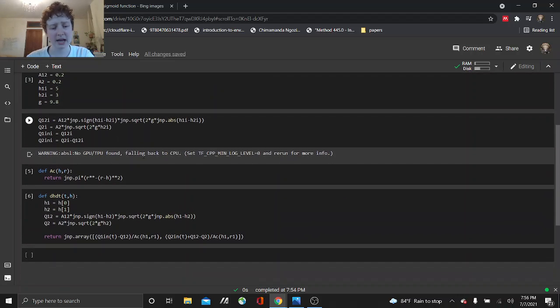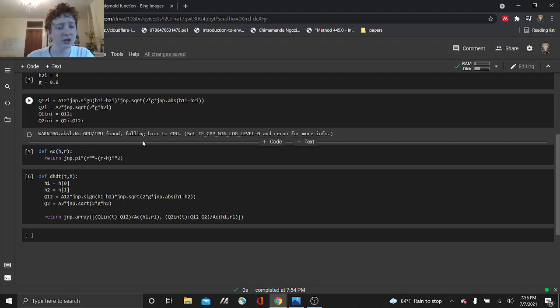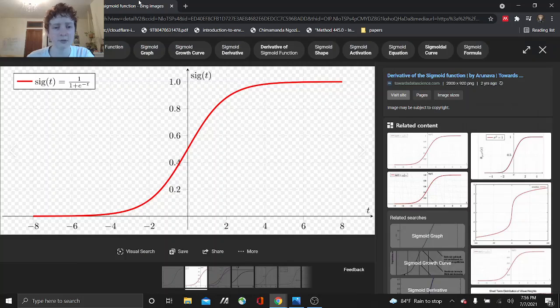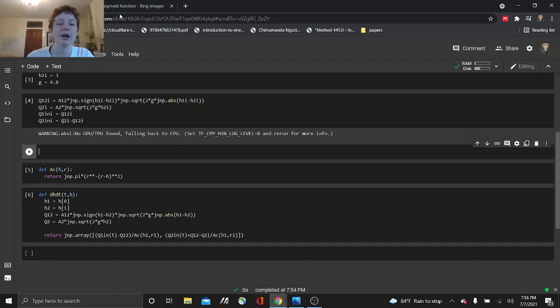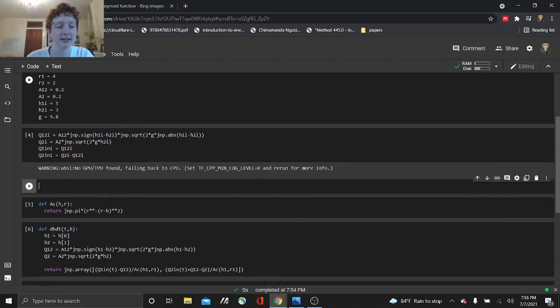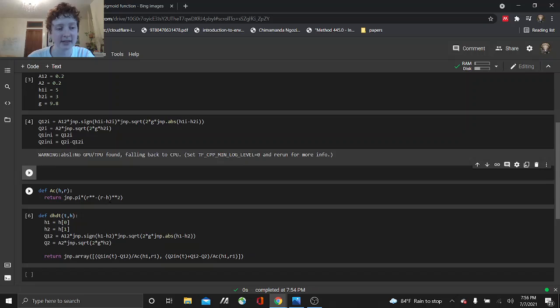So with this in mind, there's our nice little sigmoid function. We're basically going to be using this to look specifically at what happens at 100 seconds and what happens at 200 seconds.